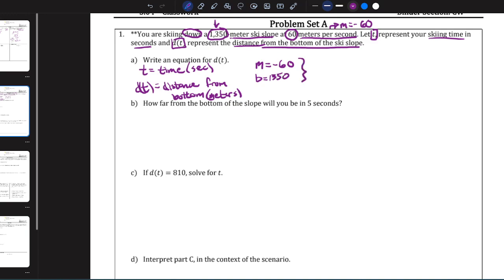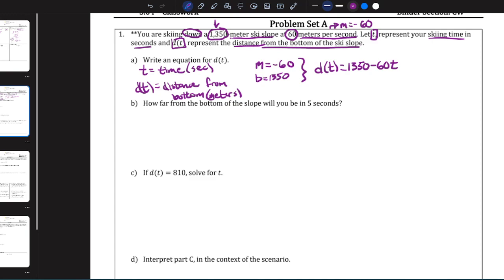And so putting these together, I'm going to have the function d of t is equal, and I'm actually going to swap the order here, to 1,350 minus 60t. Now, if you had negative 60t plus 1,350, that's okay. I want us to be able to recognize that that's going to be the same thing as what I've written here.